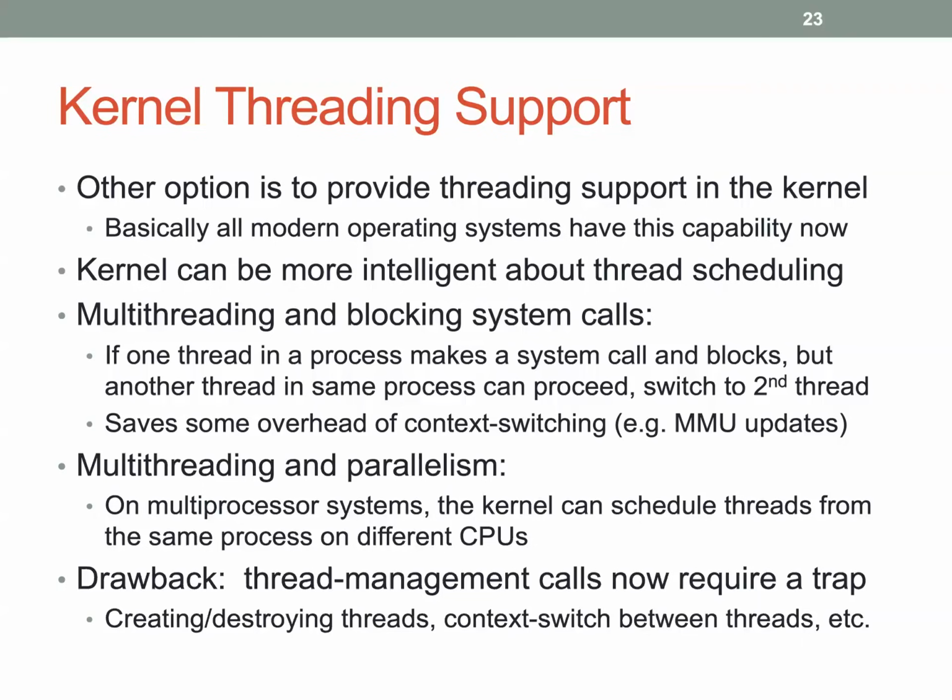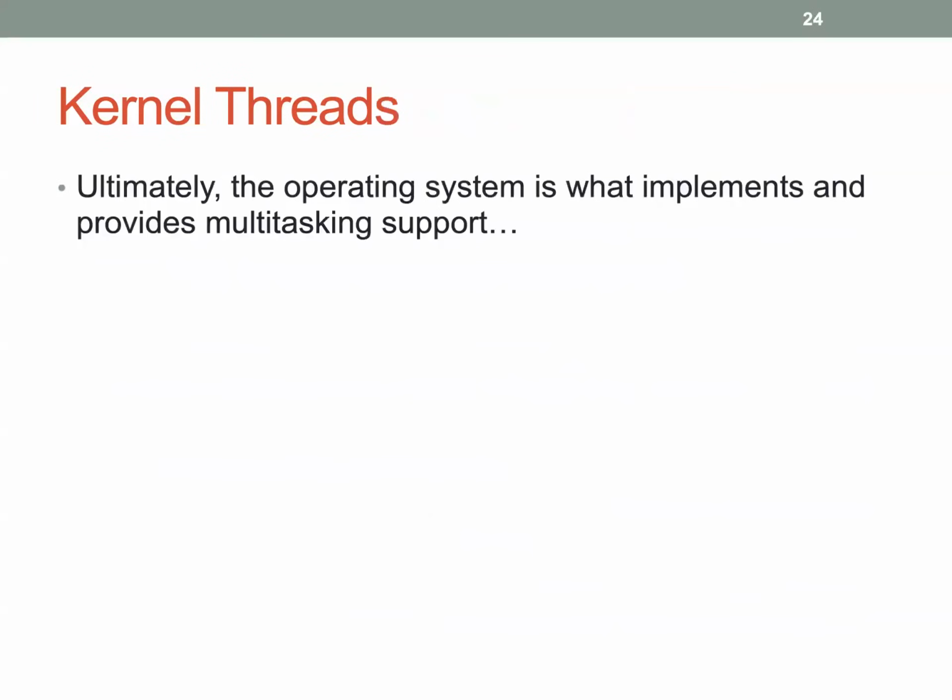What can you do? It's worth the cost. And so that's why virtually every operating system has kernel threading support built in. Okay. Now the OS provides this multitasking support. So this is going to be very relevant to the second project.